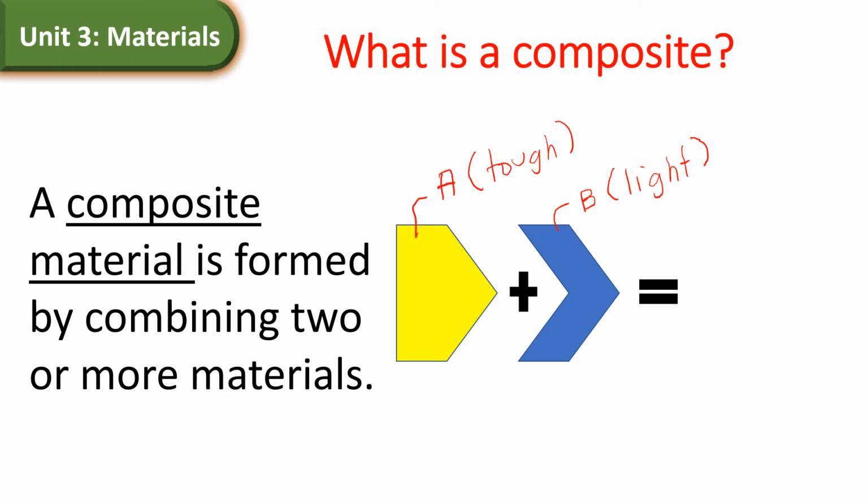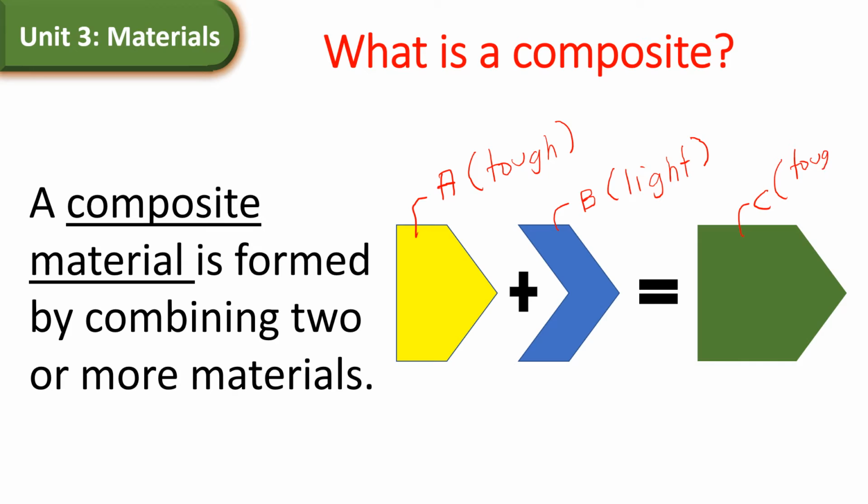If you combine these two materials, you will get this product, your product C, which is a combination of tough and light. So this is how your composite material works. You combine two different materials to produce one strong material.